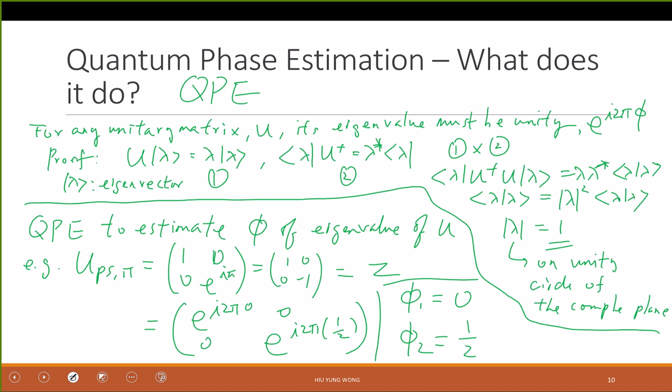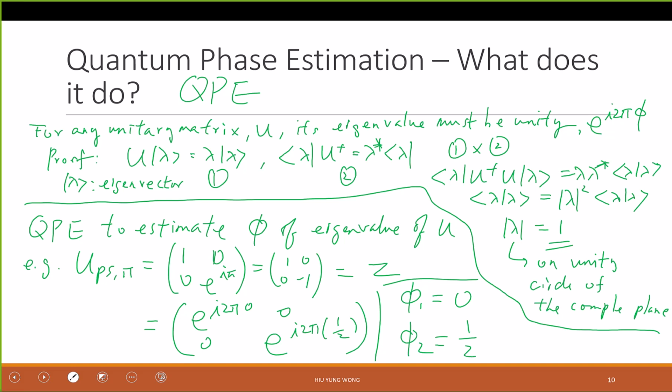In summary, any unitary matrix has all its eigenvalues of unit magnitude. They must be in the form of e to the power i 2 pi phi. And my goal is to find out what the phi is. There are many phi, depending on which eigenvalue you are talking about.